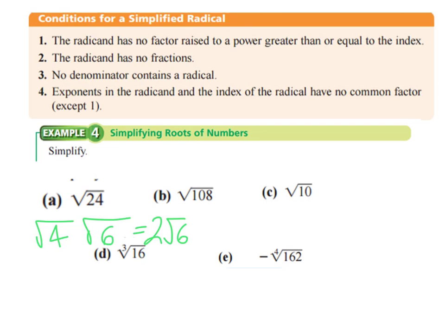Likewise with the square root of 108, I try to split that up using a perfect square, and then whatever I have to multiply that by to get the 108. So here we'd be looking at 36 and 3, and so that would be 6 square roots of 3.